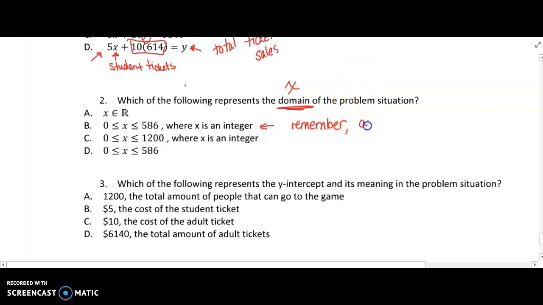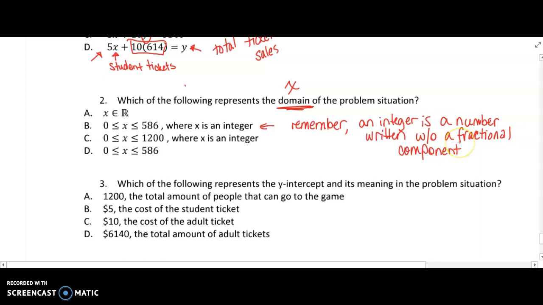So we're going to choose this one right here where X is an integer, because remember, an integer is a number written without a fractional component. That means it can be a positive whole number or a negative number that's not a fraction.